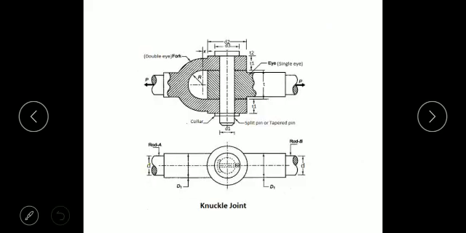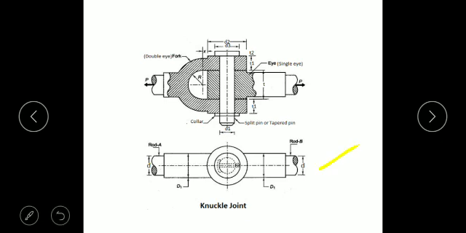Next, this is the neat labelled diagram of the knuckle joint along with the different notations. Whatever notations we use, we will use them for the design of the knuckle joint. In different books different notations are used, so here we'll see the notations used.